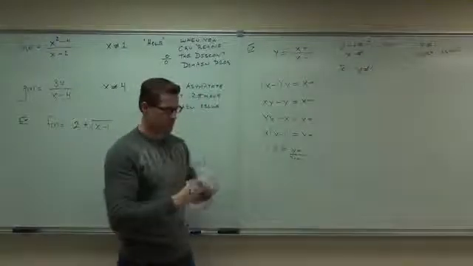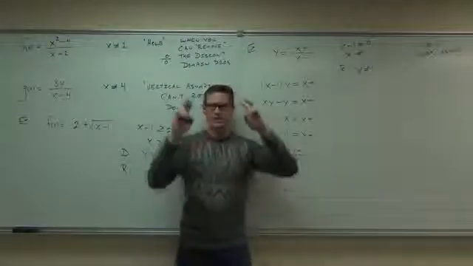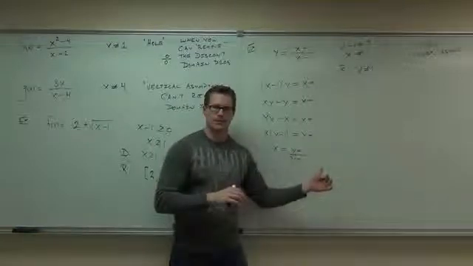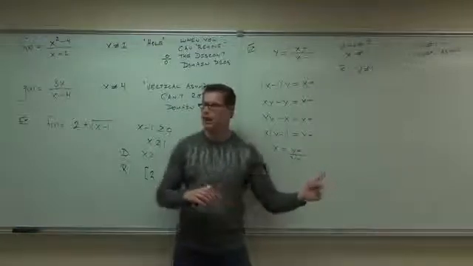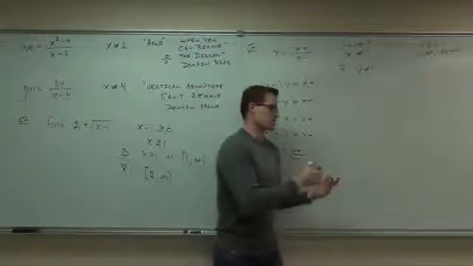Can you simplify out this domain issue, which is actually a range issue? Can you simplify out that? Then this is an asymptote as well, only it's not a vertical asymptote. What is it? Horizontal. It's a horizontal asymptote.